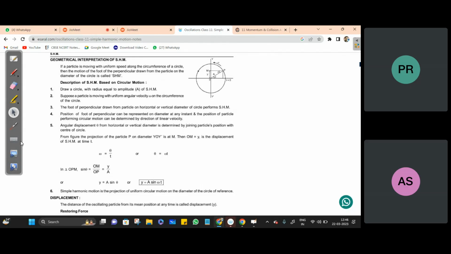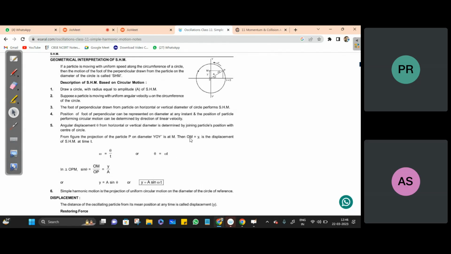For example, a string of a guitar, we don't say it is oscillating, we say it is vibrating, because it completes a very large number of oscillations in 1 second.